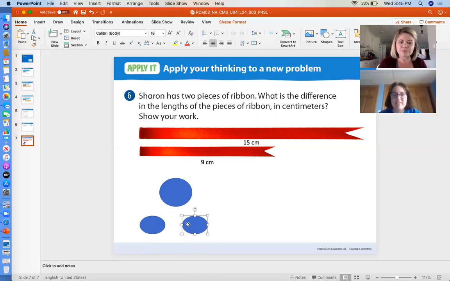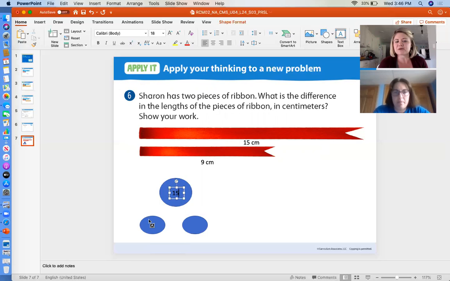So we have 2 numbers. We know that one of them is 15 and one of them is 9. And we are just comparing them. We're not trying to come up with a third piece of ribbon, right? So what is the big number that we already know? 15 centimeters. Okay, so in the big box, the top box for the whole, I'm going to put 15 because we know that's the larger piece.